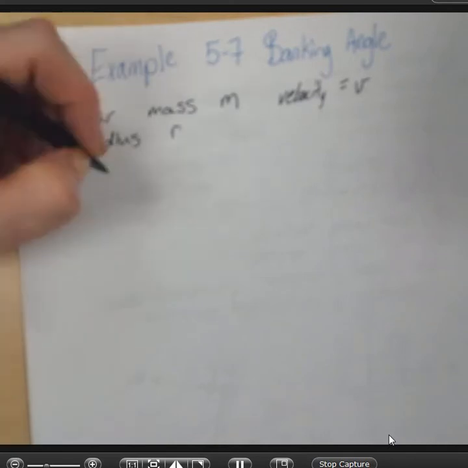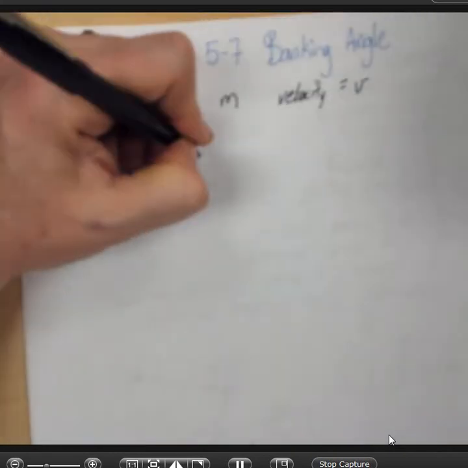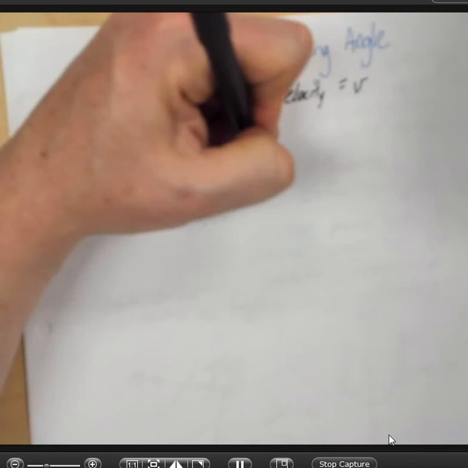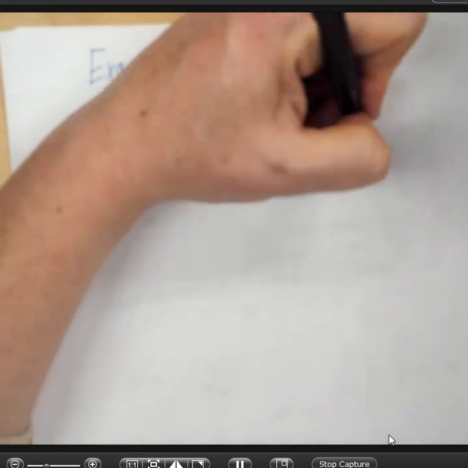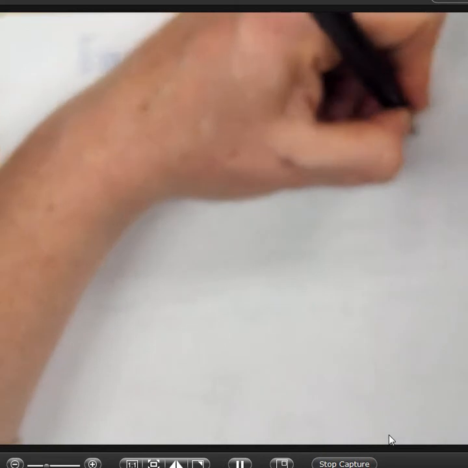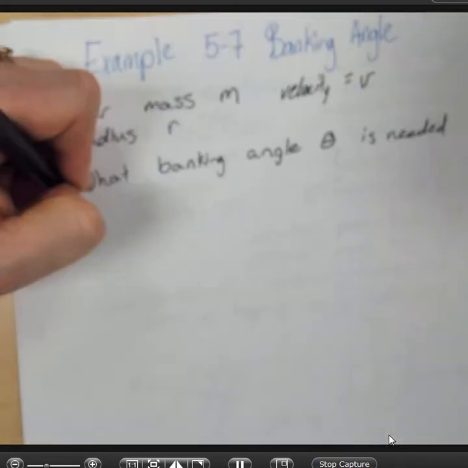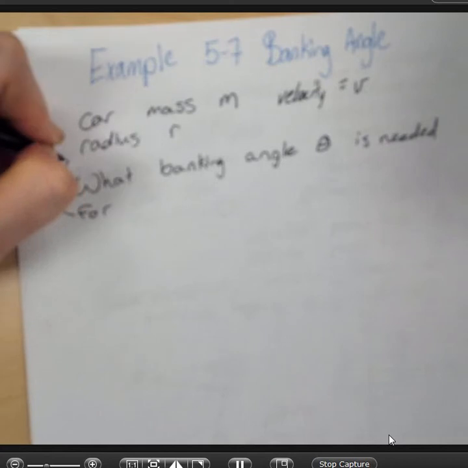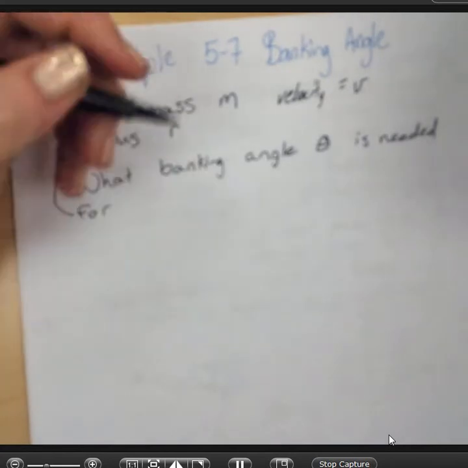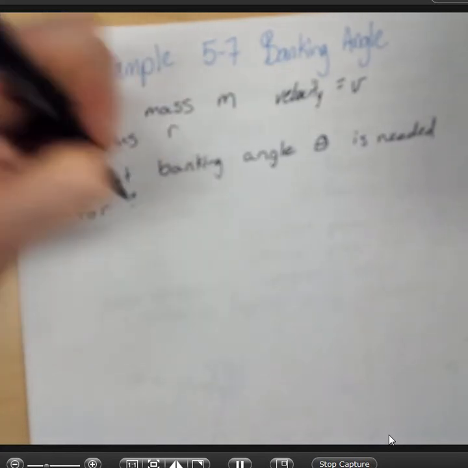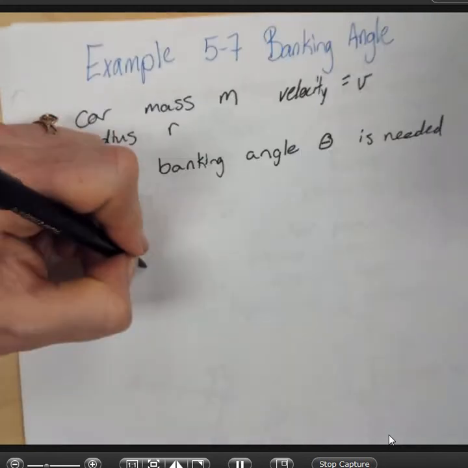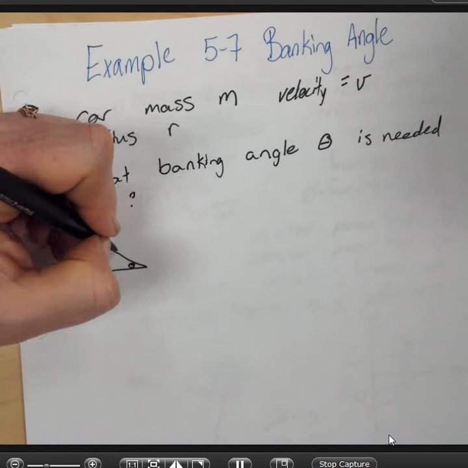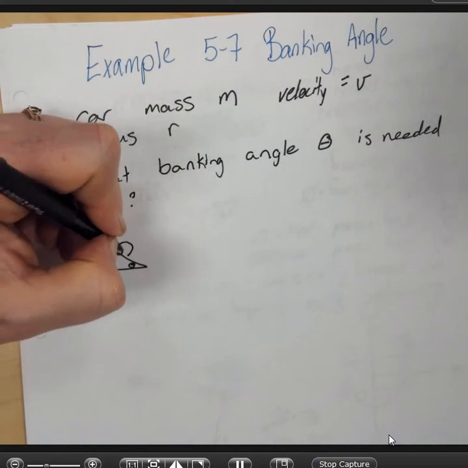And we're going to say what banking angle theta is needed for these variables up here. Okay, well, for this car, all right, we'll assume that we've got this angle theta, and here's our car driving right here.